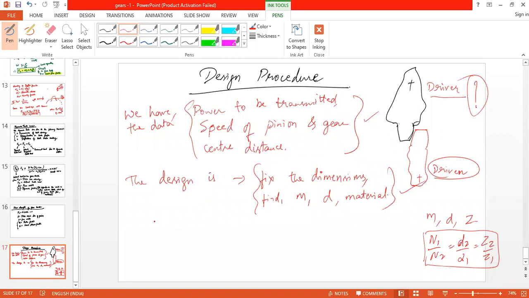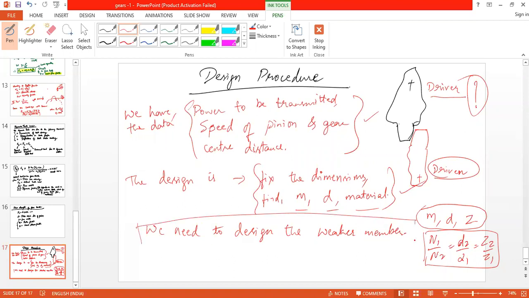That is, if I find the dimensions, the module, diameter and material, and fix all these things for the weaker member for safety, then the other components will not fail at all under the loading. So we need to design the weaker member.